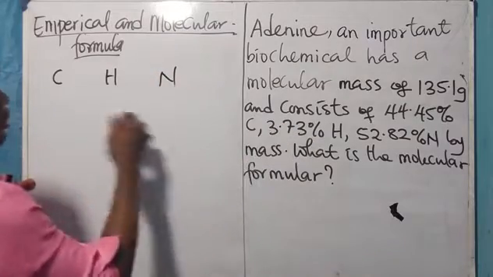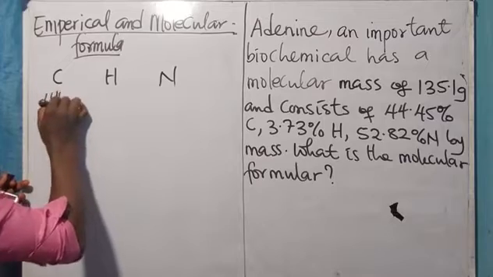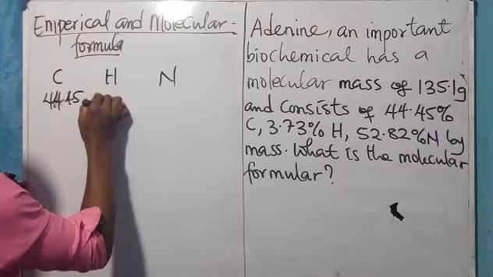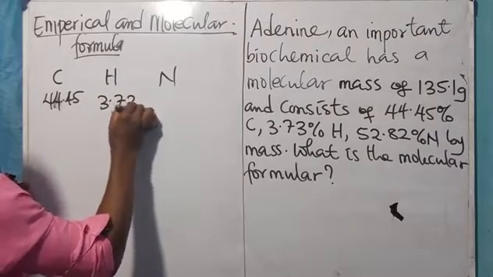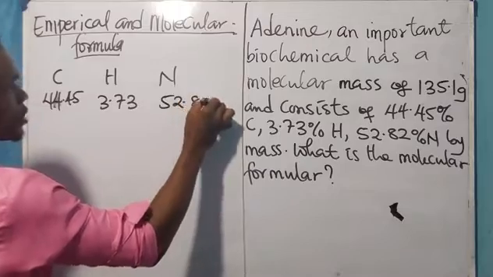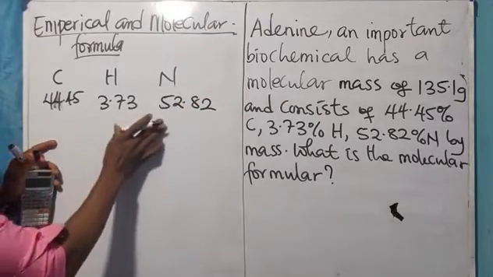Carbon is 44.45, hydrogen is 3.73, and nitrogen is 52.82.